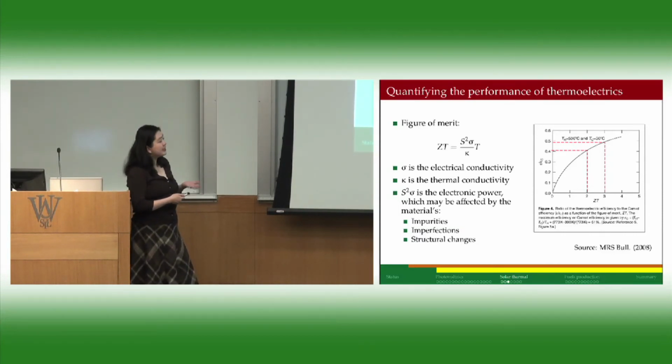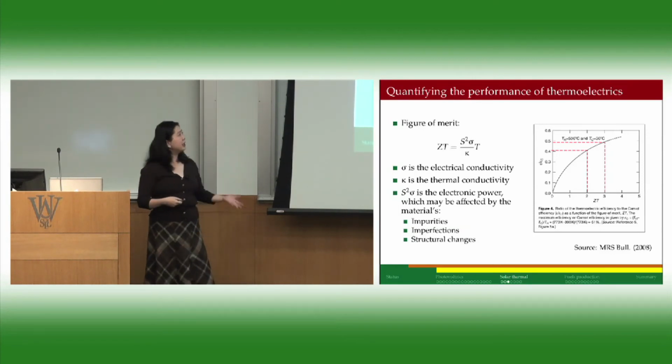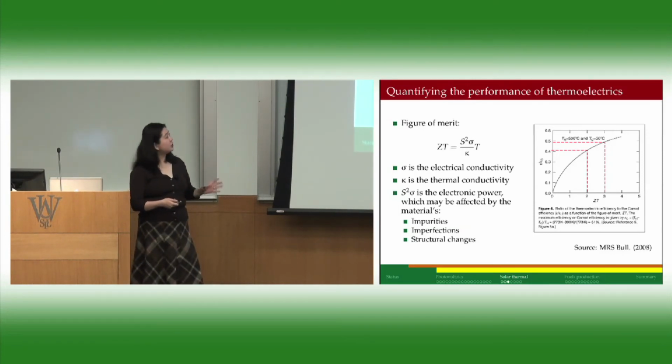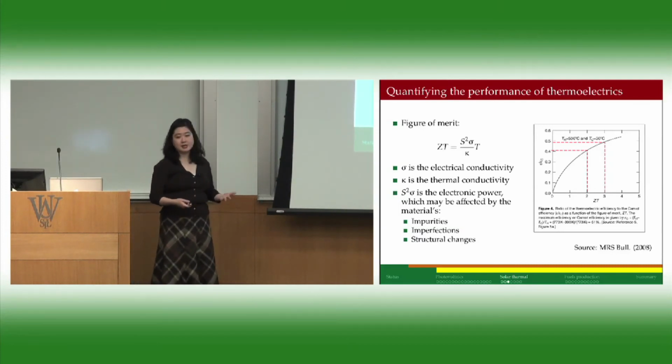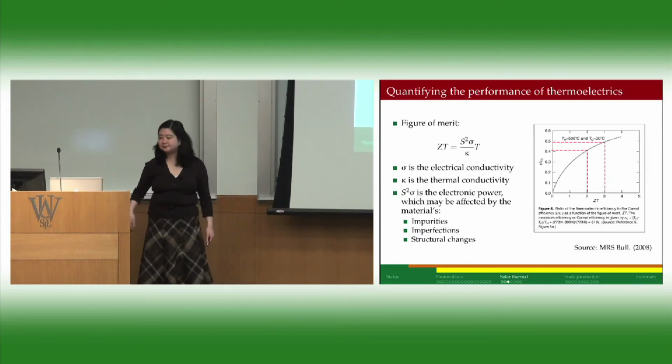If you wanted to make ZT as high as possible, you want your numerator to be as big as possible, or your denominator to be as small as possible. Essentially, you can control this ratio by tuning the material's impurities, imperfections, and various structural properties in the system. So you want high electrical conductivity, low thermal conductivity.